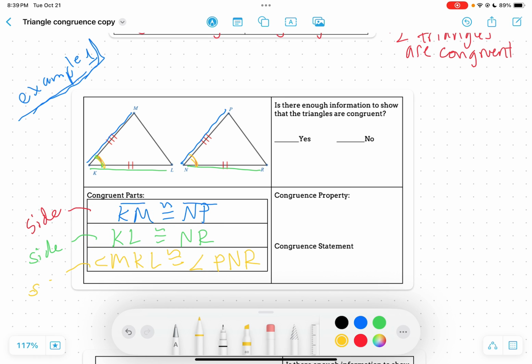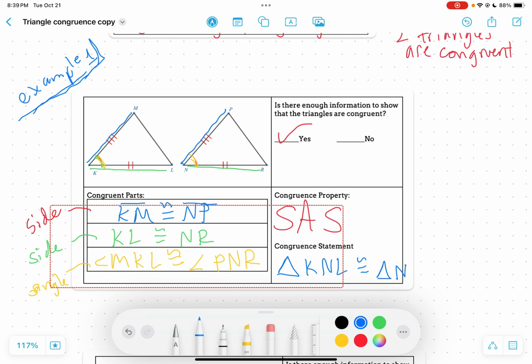And so I have 2 sides and the angle between them. So this is enough information. So I'll check, yes, it's enough information. And my congruence property is going to be side, angle, side. And my congruence statement is just the name of the triangle. So I'm going to say triangle KML is congruent to triangle NPR.